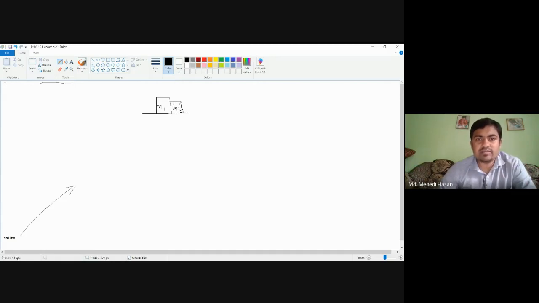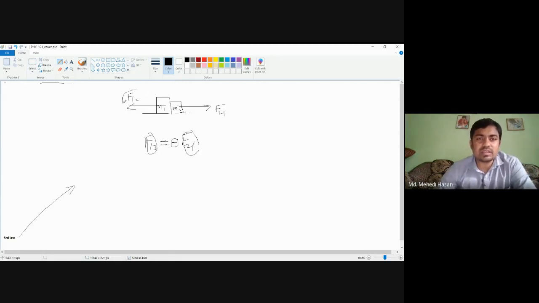The action given by the m1 object on m2 is along that direction, this is f21, and the reaction given by the m2 object is along that direction, which is f12. We can say f12 must be equal to f21, but with opposite sign. So every action has an equal and opposite reaction.